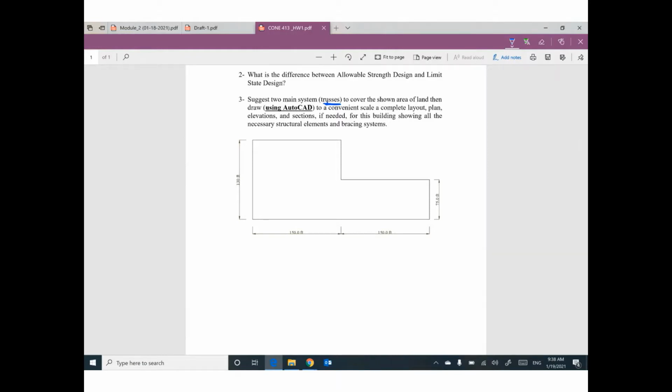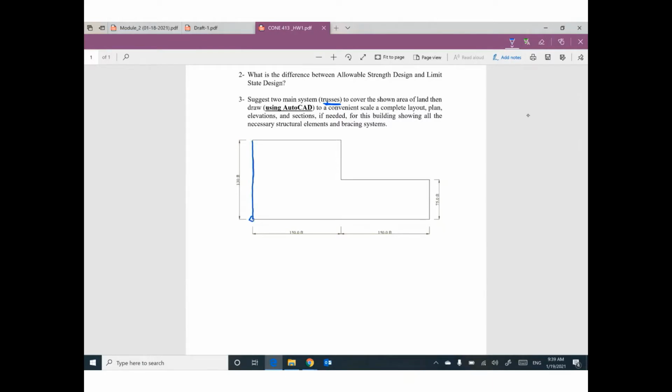Make sure, be careful, without any intermediate columns inside this area, without any intermediate column. So I believe I will make my main system in this direction.